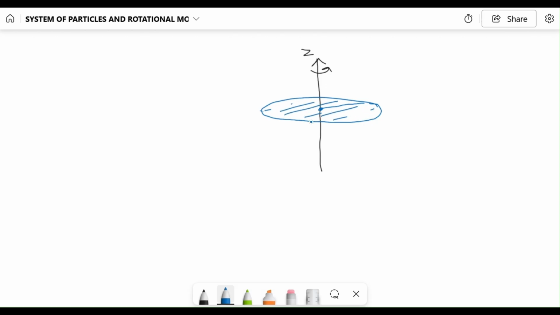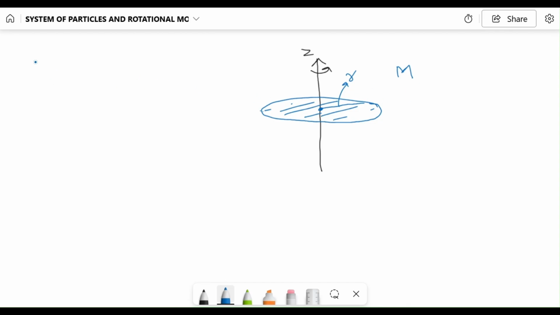This is a disk, not a ring. So what is the moment of inertia? If the mass of this disk is, let's say, capital M, and the radius of this disk is, let's say, R, then what will be its mass per unit area?